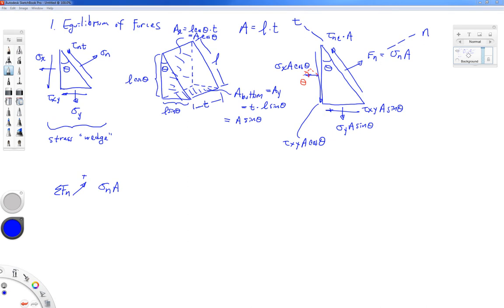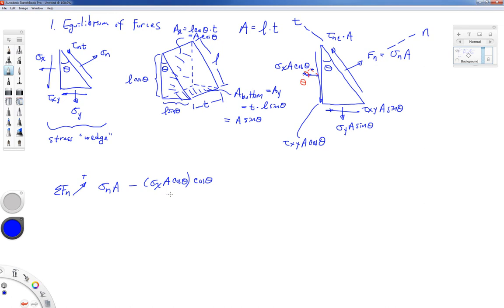So for example, let's take a look at the force components that I sketched in with the red dashes. Sigma x A cosine theta is the force, and it has a component that goes in the minus n direction. So I'll have minus the force sigma x A cosine theta, and then the component, that would be the cosine theta component.